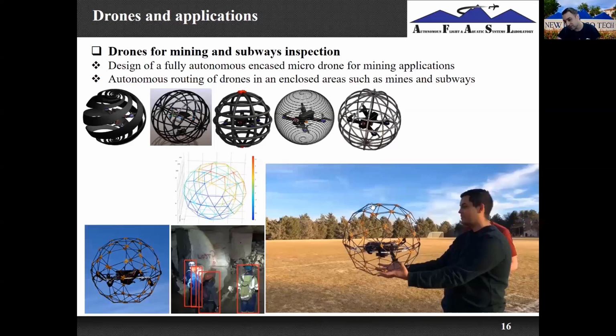So we are looking at designing a cage with different shapes, which is aerodynamic, is not blocking the sensors, and has enough stability and strength to face the different dangers that we may have in an underground environment.